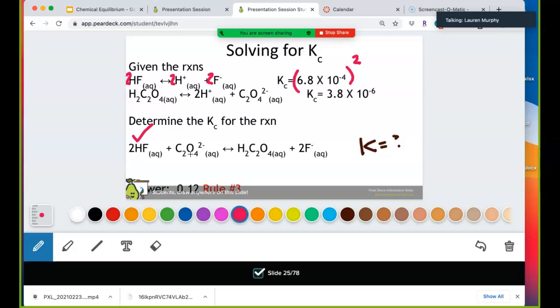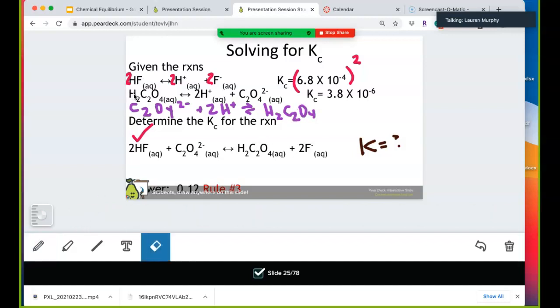Now, I have C2O4 2 minus, his name is oxalate. So I have oxalate as a reactant. It's definitely not a reactant up here. It's a product. So I have to flip this top equation backwards. So I'm going to rewrite the top equation. I'm going to flip it backwards. Now, what is the rule for flipping backwards in equilibrium?